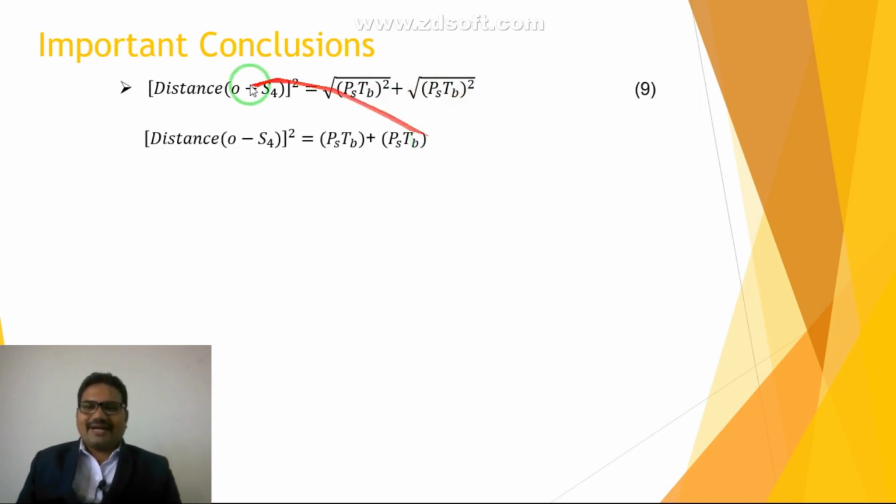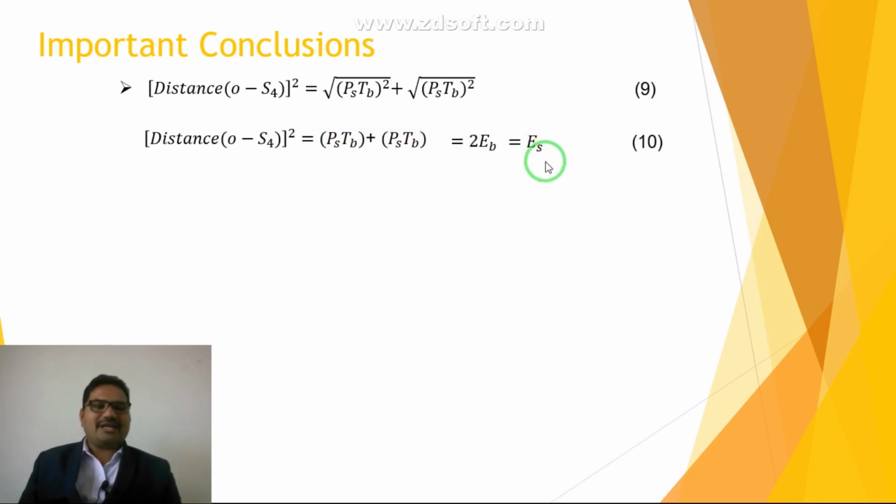You can write this by omitting the square root, since it is a square value and gets canceled, and you would get PsTb plus PsTb. So you can write it as twice Eb, because Ps into Tb is nothing but your energy per bit, twice Eb. Or simply you can write it as Es, that is the symbol energy. Make it equation 10.